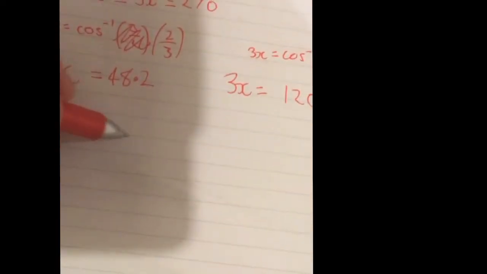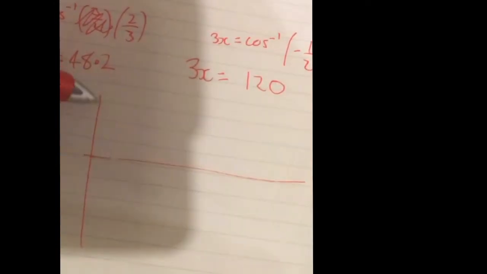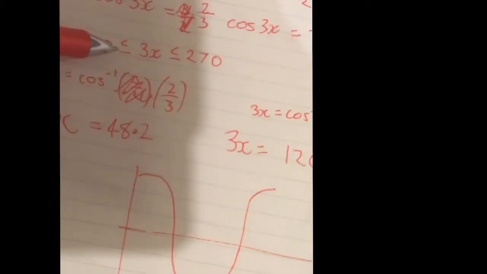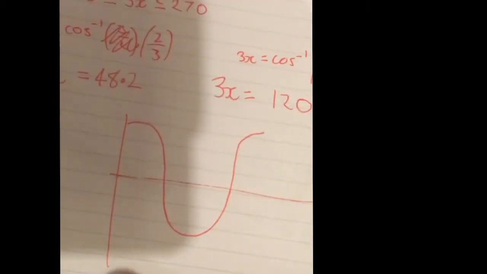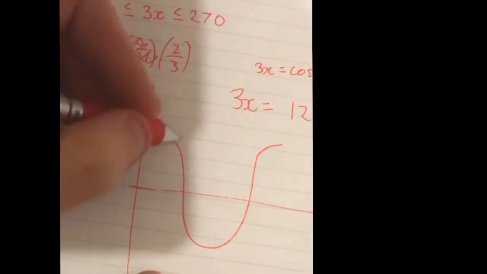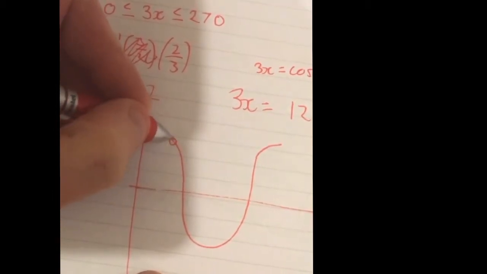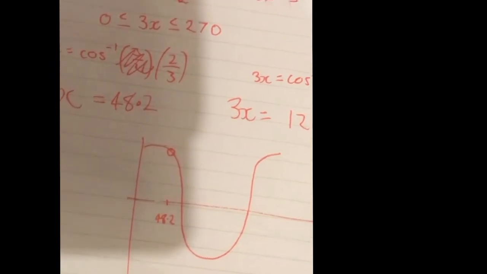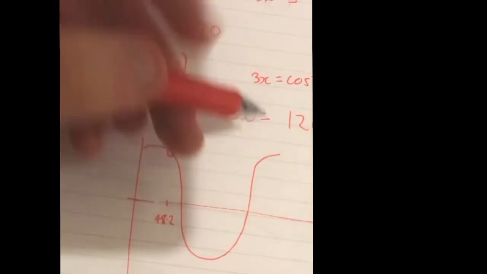So we're going to sketch both of these on a cosine graph and find all the values between 0 and 270. So first of all, 48.2 is going to be about here. And we can see there's going to be another value over here.